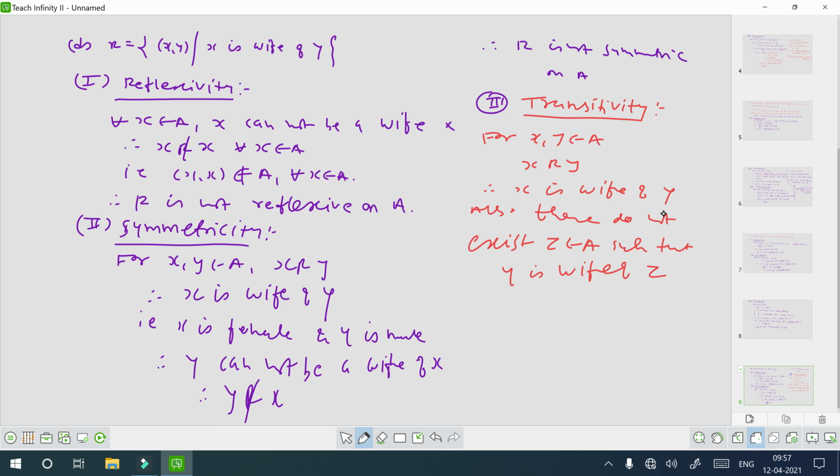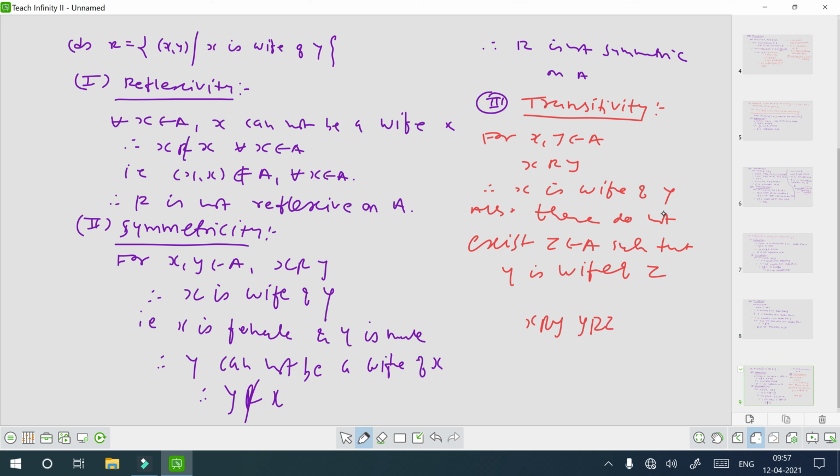And therefore, see, keep this in mind, whenever x R y and y R z both are given to us, then we have to check x R z. If any one is not given to us, then without loss of generality, that relation is a transitive relation.